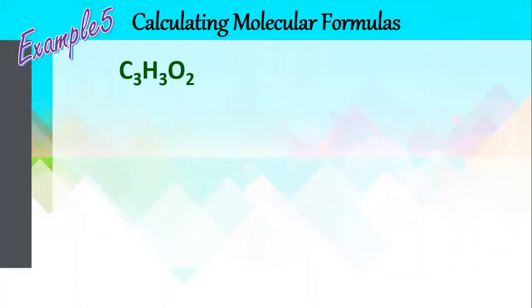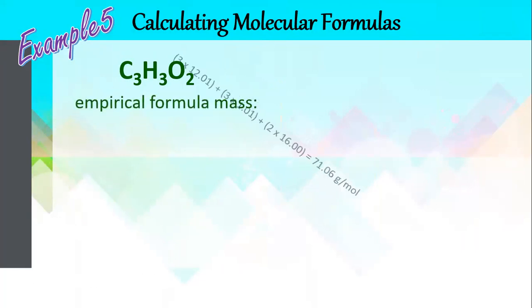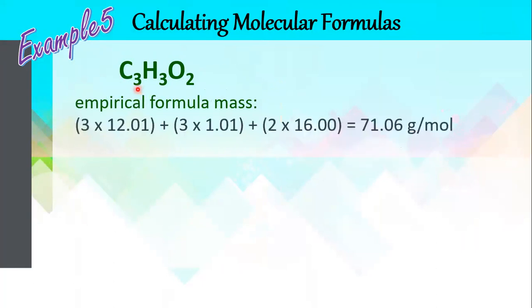Now let's find the molecular formula. To do that, we have to find the empirical formula mass. We have 3 carbon atoms multiplied by its atomic mass, and then 3 hydrogen atoms multiplied by its atomic mass, and then 2 oxygen atoms multiplied by its atomic mass, which is 16.